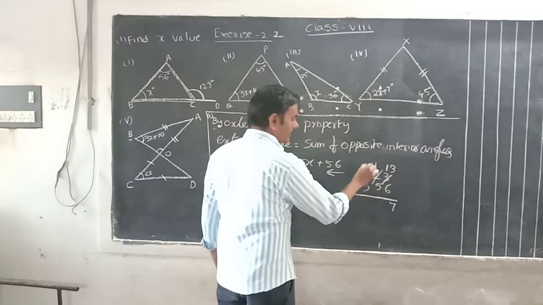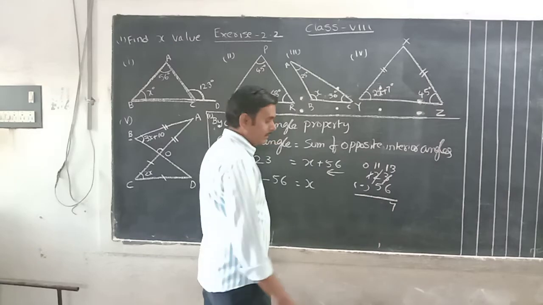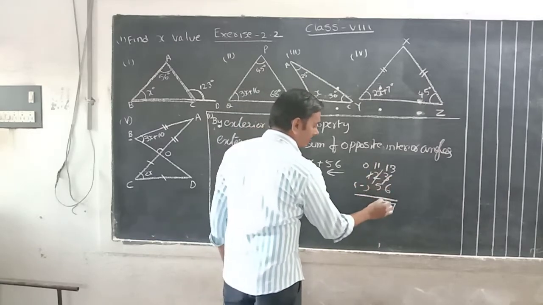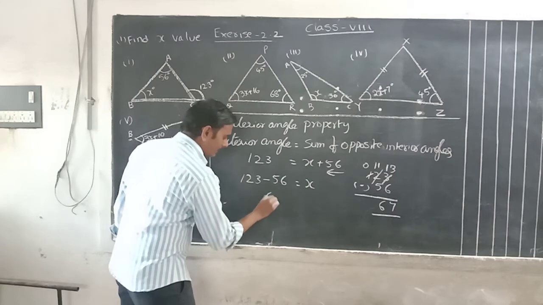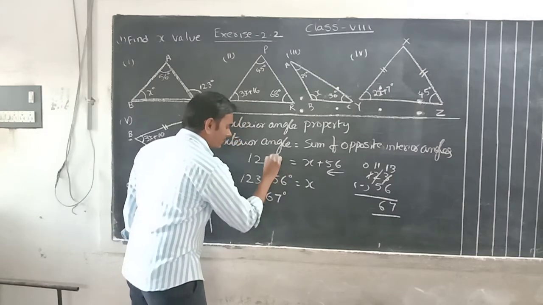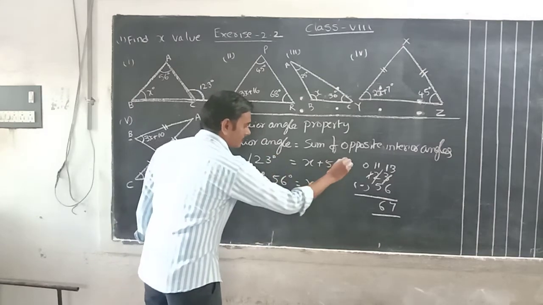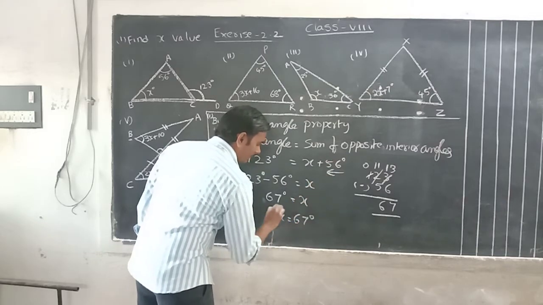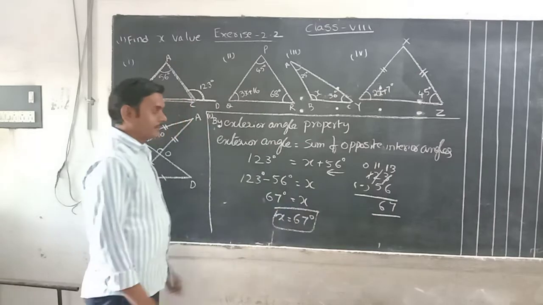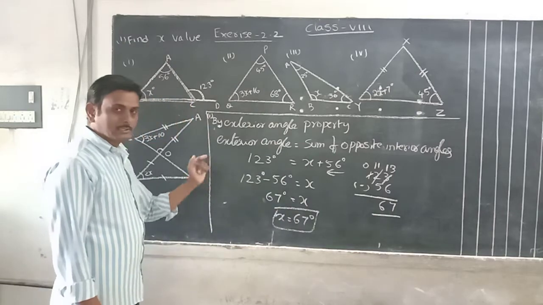Again take borrow, this becomes 0, this becomes 11. 11 minus 5 is 6. So x equal to 67. This is a decrease, don't forget this one. For the first question we will get 67.